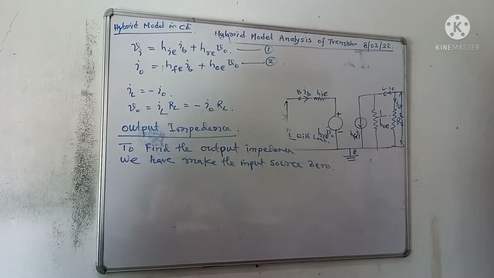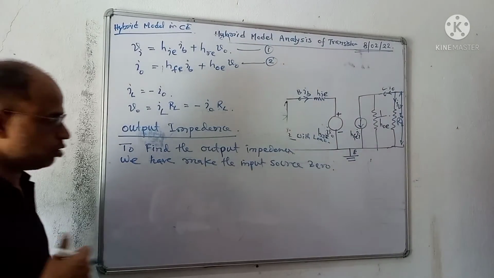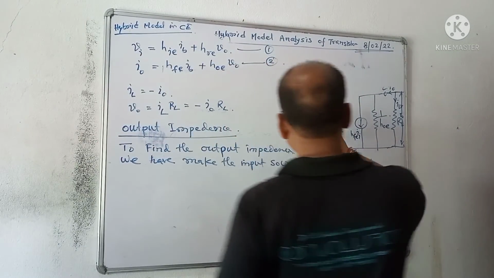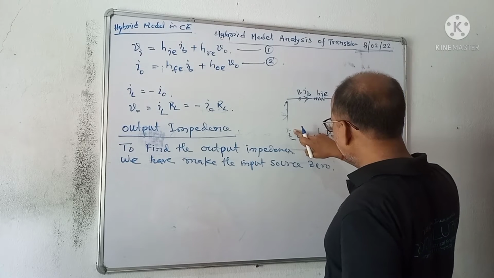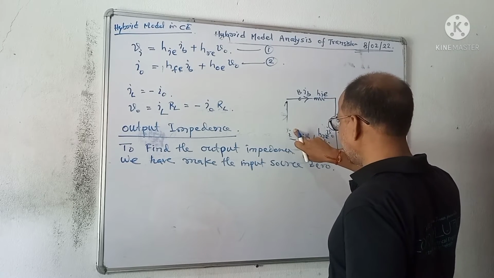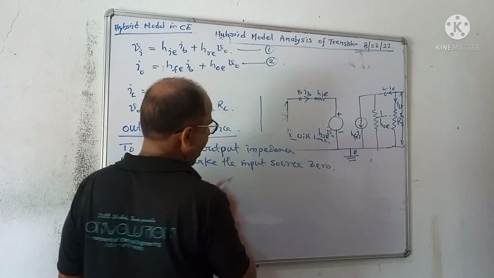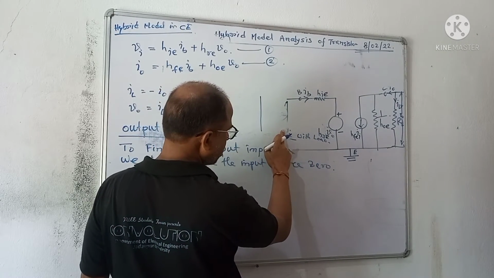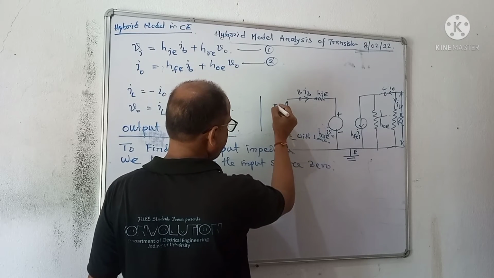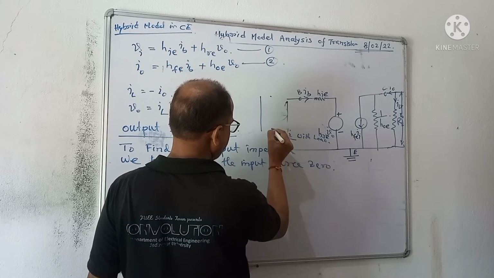This is the trick. Input source 0. What is the meaning? Meaning is if the input is a voltage signal, then make it short circuit. And if input is a current signal, then make it open circuit.